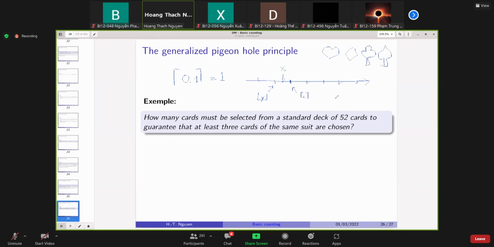You want to take out a random number of cards, but you want at least 3 cards of the same suit. How many cards should you take in order to guarantee this condition?